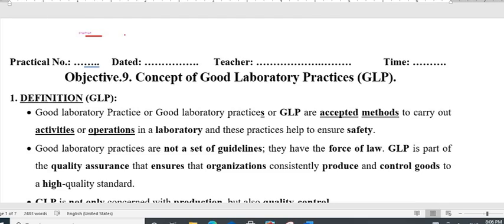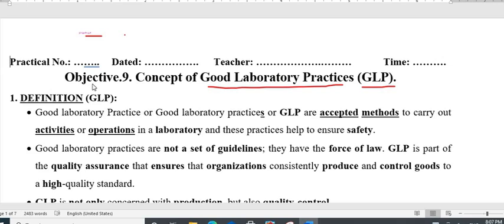So let us start the practical class, and this one is the ninth practical class. In this we are going to discuss GLP. The full form of GLP is good laboratory practices, or good laboratory practice.